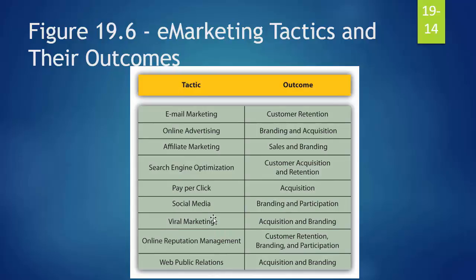Viral marketing, word of mouth marketing: acquisition and branding. Online reputation management, again thinking about customer retention, branding and participation. And then web public relations, again acquisition and branding. These are all things that might help us with our objectives, which would then help us achieve our goals.